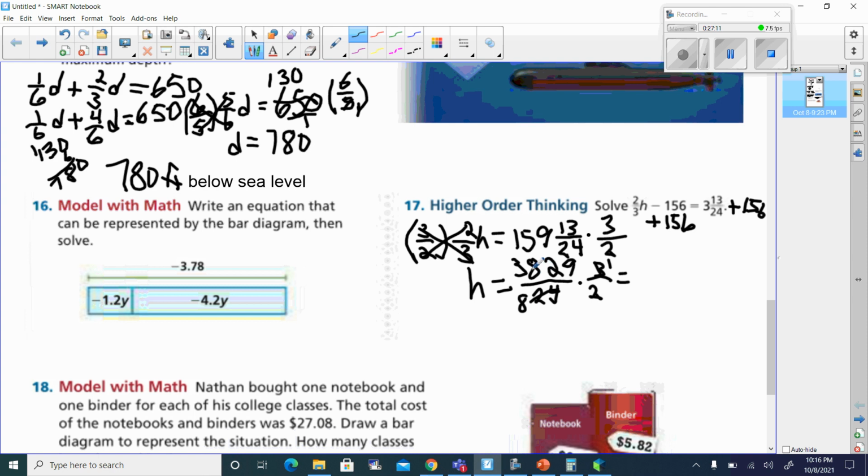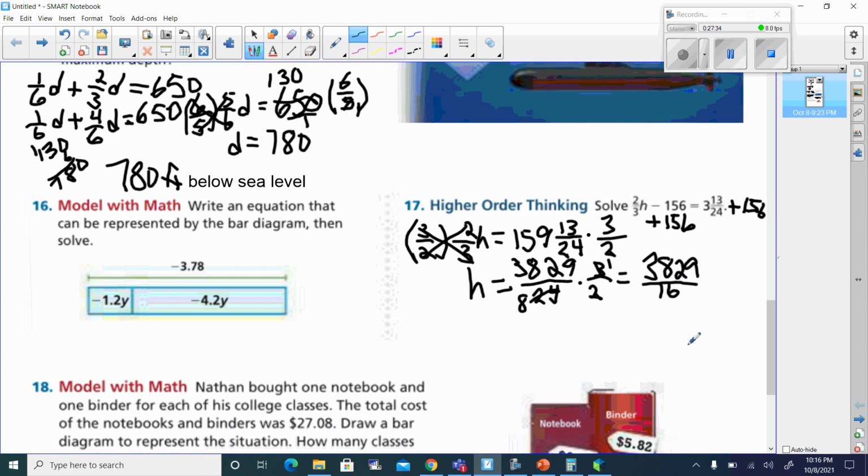This can be still 3,829 on top. And 8 times 2 is 16. Now remember that every fraction is a division problem, this is 3,829 divided by 16. Wow, this could be a whopper here.